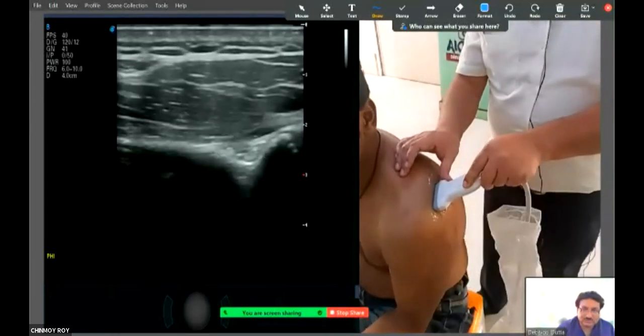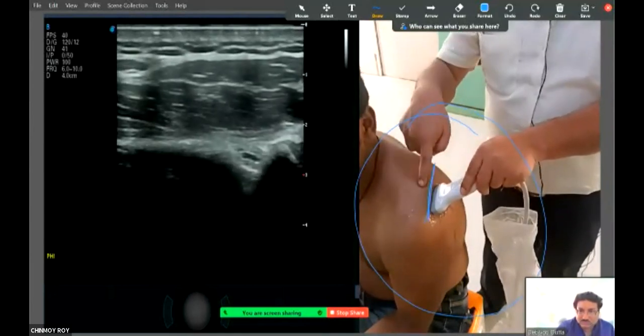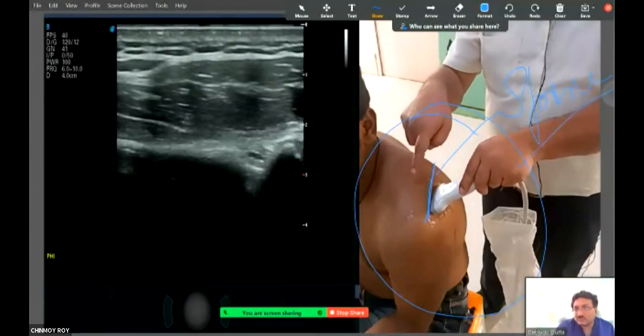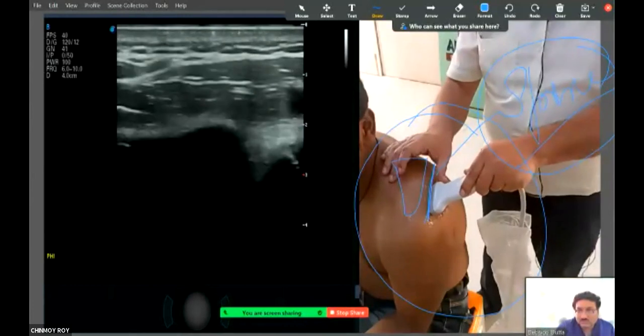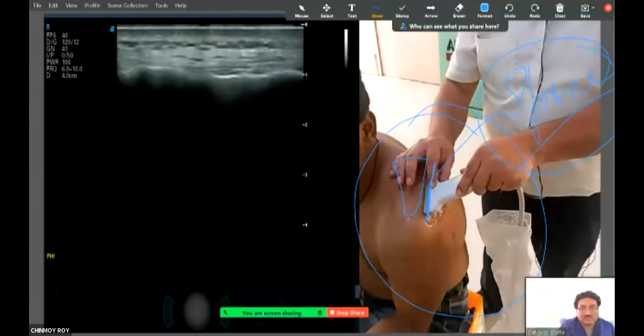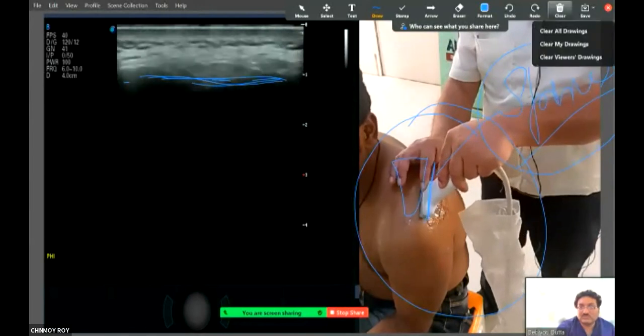If I go above, what will happen? First, I will get the spine of the scapula, a total black bony shadow, and then I will go a bit more. Then again I will see the muscle. So the bone is coming, this is the black shadow over the spine of the scapula, and then I go a bit up.